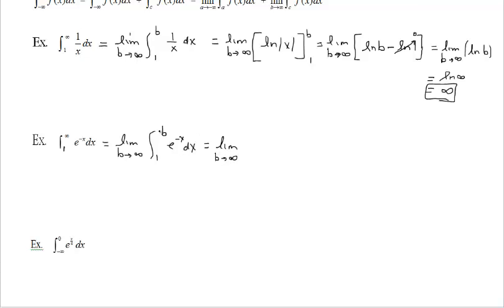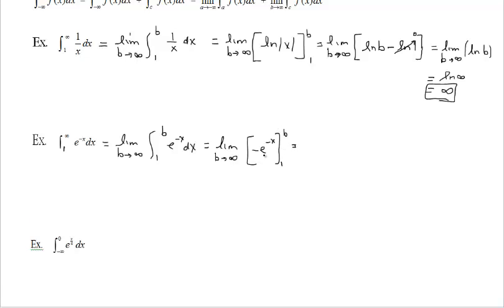Okay, studying this right here, I don't have to do u substitution unless I want to. It's a pretty basic integrand. Okay, and that's actually going to integrate back to negative e to the negative x from 1 to b.